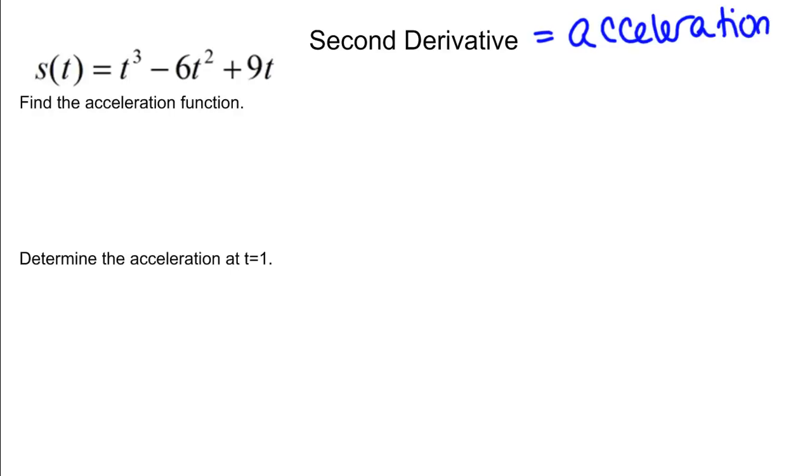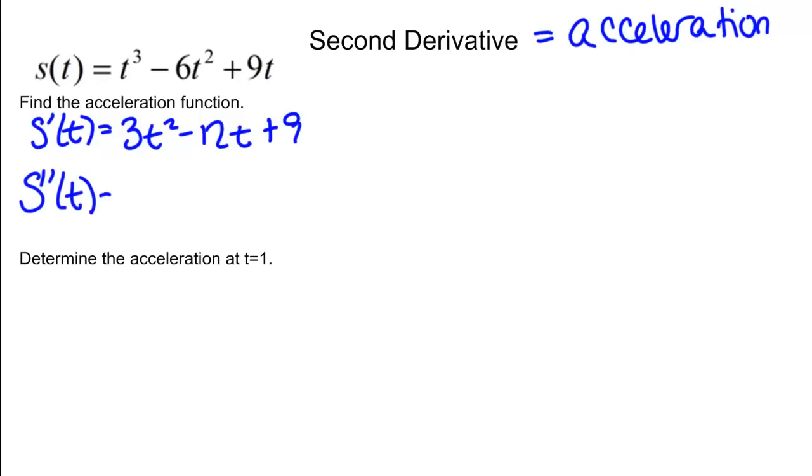So if we're asked to find the acceleration and we're given a function, we need to find first the first derivative. So that will give us the velocity. And we found that it's 3t squared minus 12t plus 9. So now for acceleration, we need to find the second derivative. That gives us acceleration.